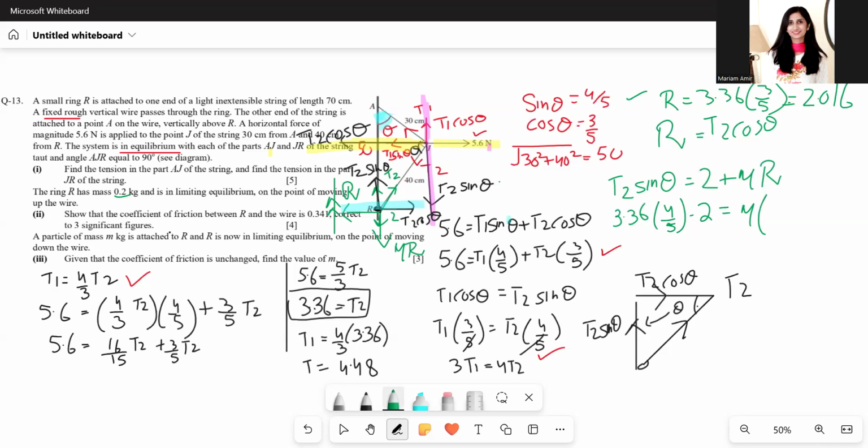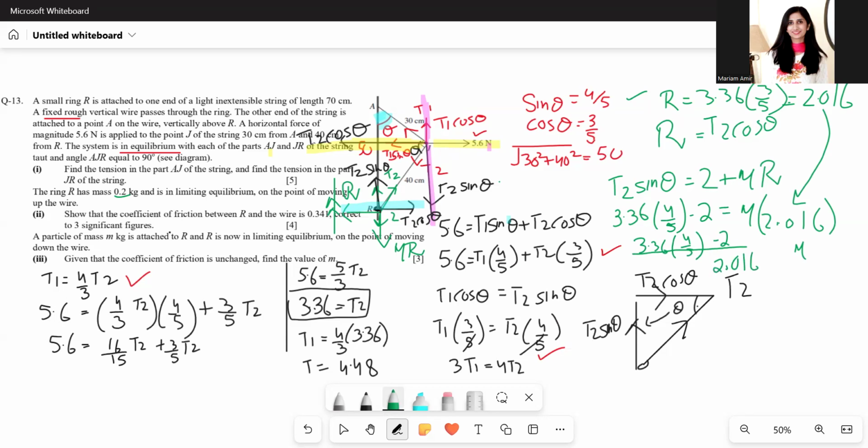Okay. Now, what do we have? We need to use this R here, 2.016. Now let's find mu by dividing the answer here, 3.36 times 4 by 5 minus 2, upon 2.016.